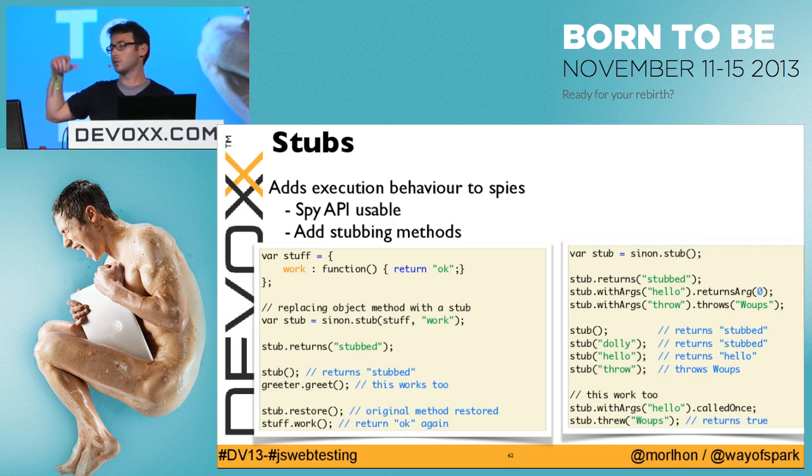For example, you stub a function, and the example on the right says that by default, when called, it will return stubs. You can also, like the spy API, filter. For example, the stub when called with hello as first parameter will return the first argument. Or you can ask the stub to throw an exception with specific arguments.